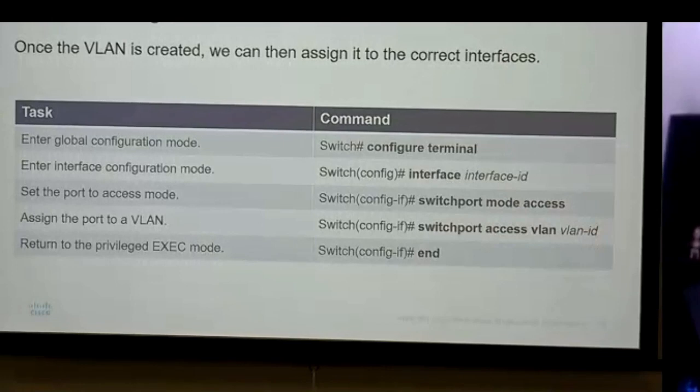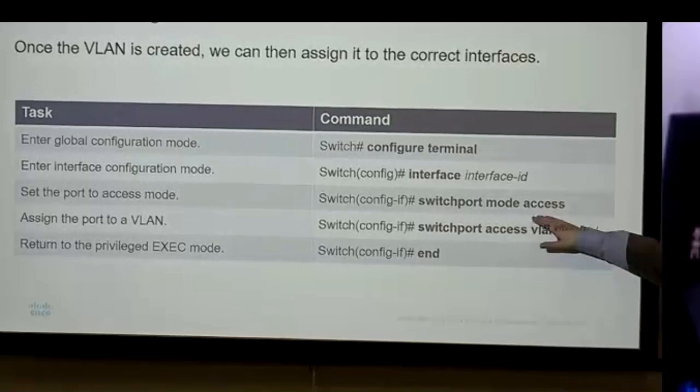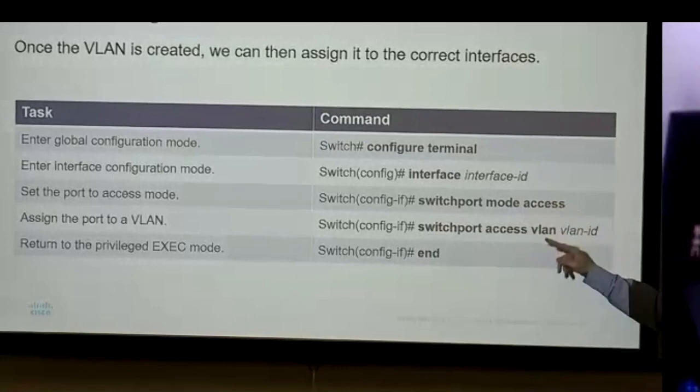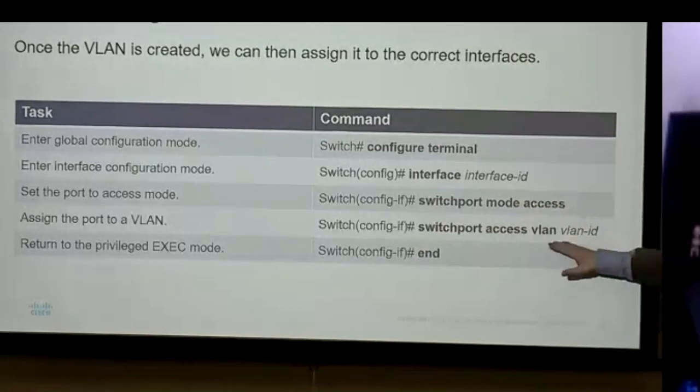If it's in trunk mode, the frames will not be tagged unless they come in untagged. If they come in untagged, they go to the native. They shouldn't be coming in tagged though. That's why we do this, access mode. This is what's tagging the traffic in the first place. Is the fact that that data is coming in on an access port.